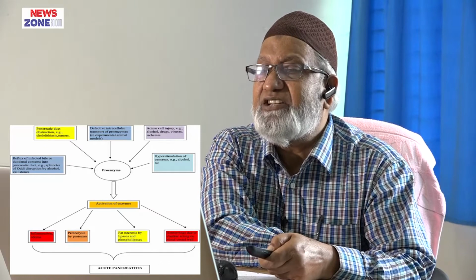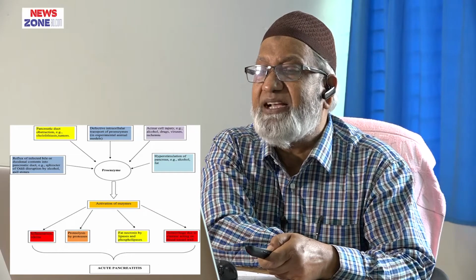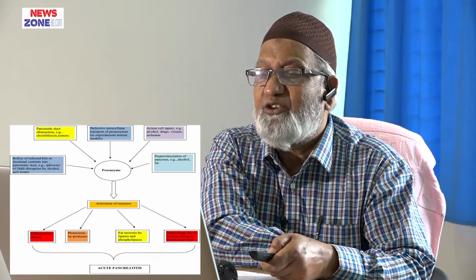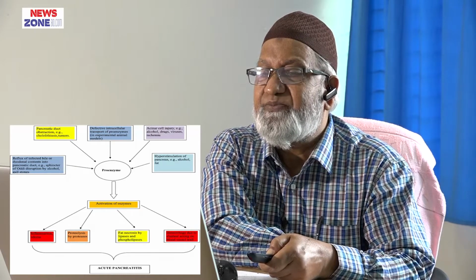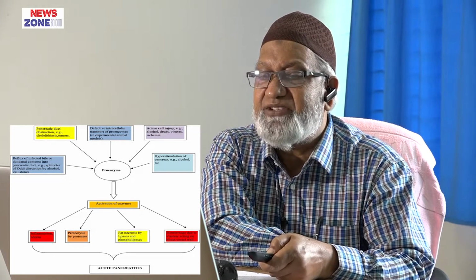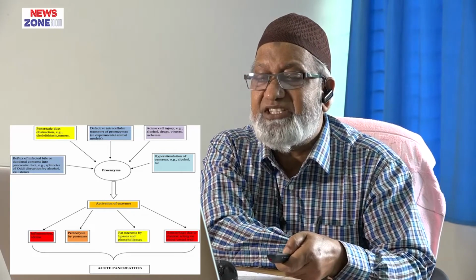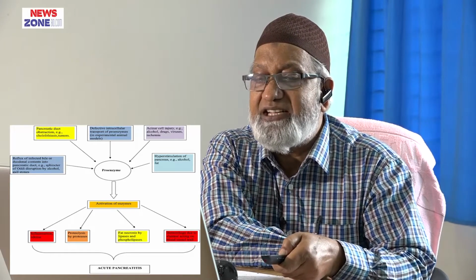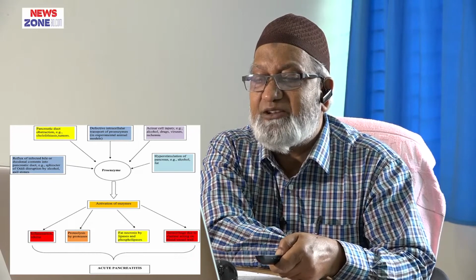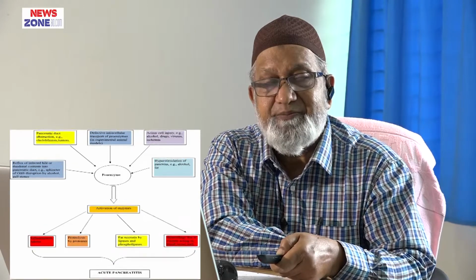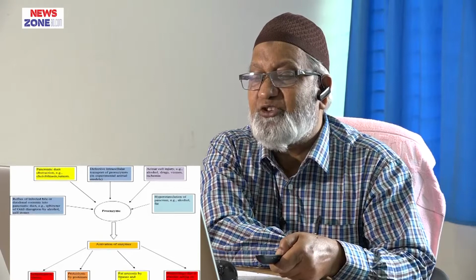Acinar cell injury caused by alcohol, drugs, virus causes activation of enzymes. This enzyme activation leads to inflammation, proteolysis, fat necrosis by lipase and phospholipase, and hemorrhage, leading to acute pancreatitis.